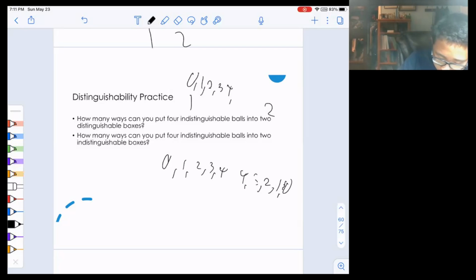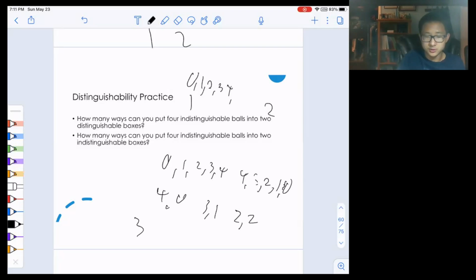But 0 and 4 and 4 and 0 get counted twice, and 1 and 3 and 3 and 1 get counted twice. So we basically only have 4 and 0, 3 and 1, and 2 and 2, which means there are 3 ways to put 4 indistinguishable balls into 2 indistinguishable boxes.